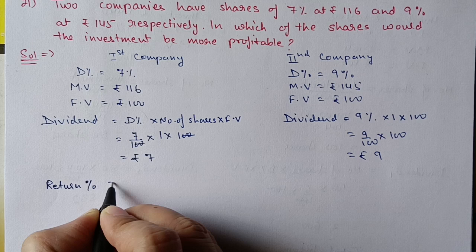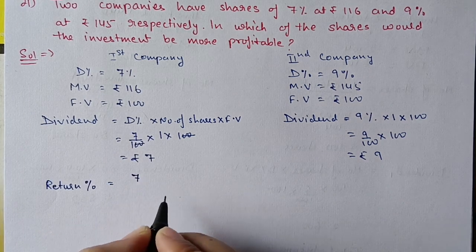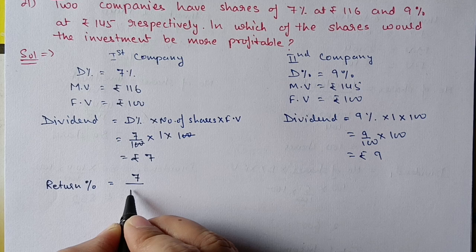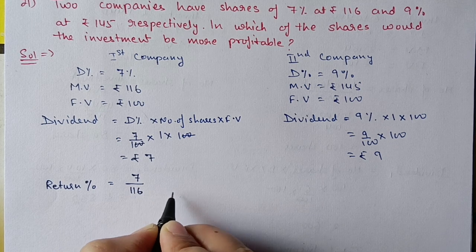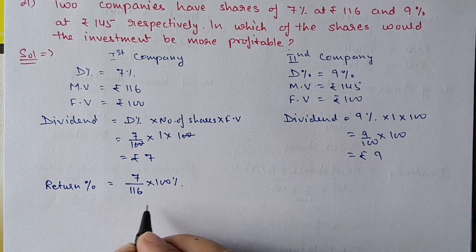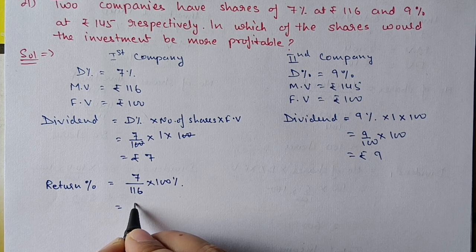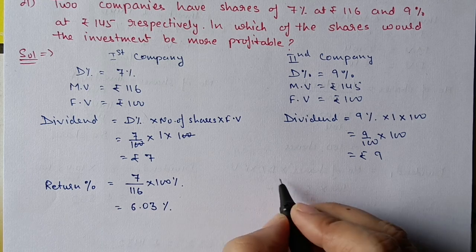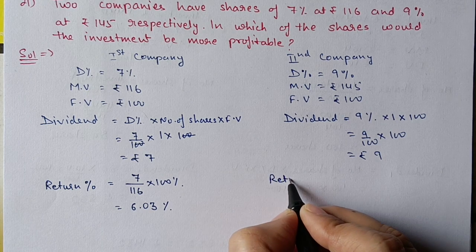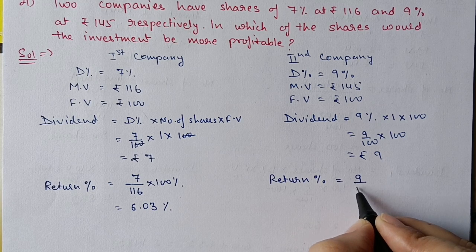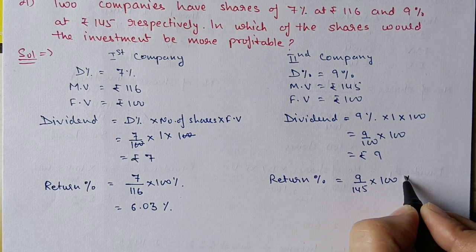Return percentage for the first company: 7 rupees he is getting upon investment. Investment is 116 rupees for one share, into 100%, to change it into a percentage. After changing into decimal we will get 6.03%. Now for the second company, return percentage: 9 rupees he is getting for one share upon 145 rupees into 100%.